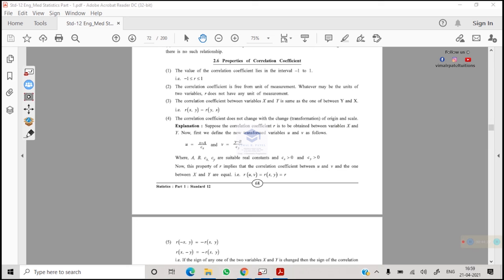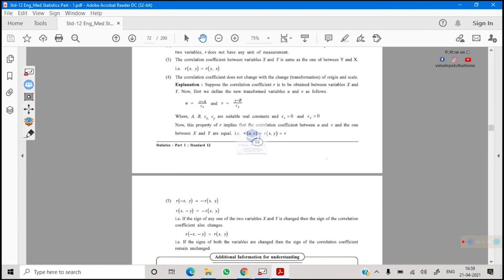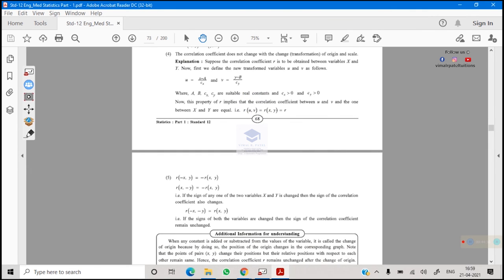Then R of minus x and minus y is equal to R; the sign will not change. If signs of both variables are changed, then the sign of the correlation coefficient will be unchanged.